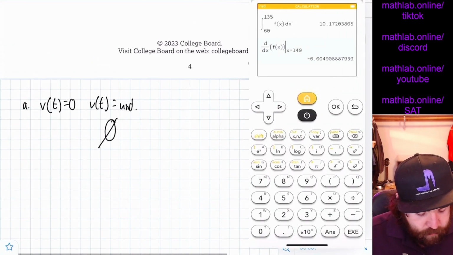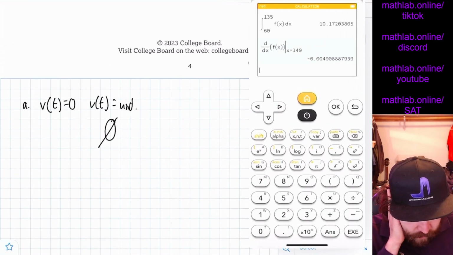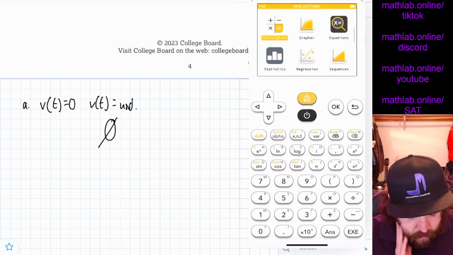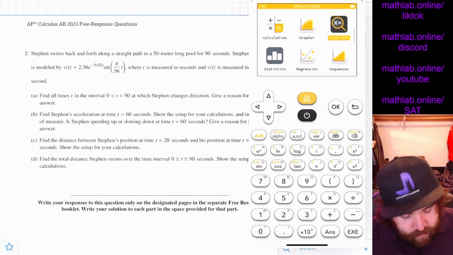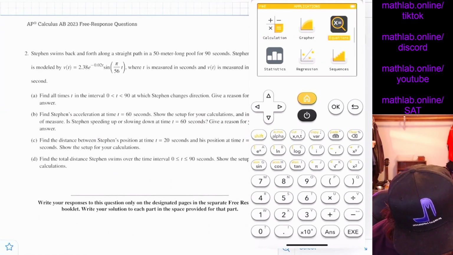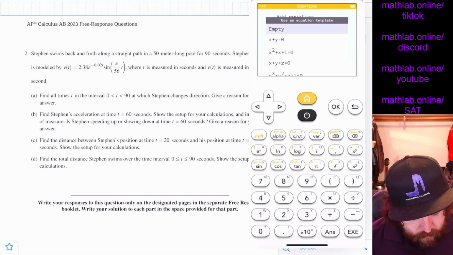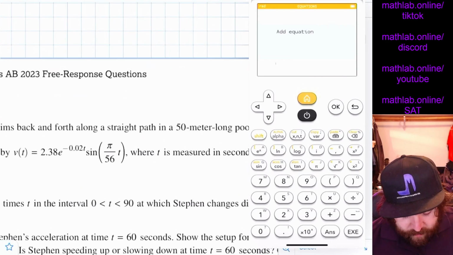So then we just bring out handy dandy solver. Are we looking at an interval? 0 to 90. Yeah. Okay, so we'll go to solver, or equations nowadays, and type in this bad boy.